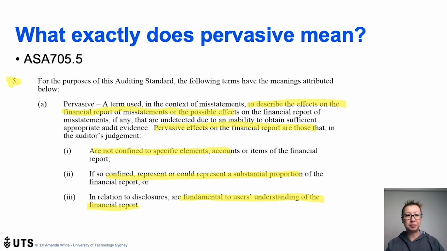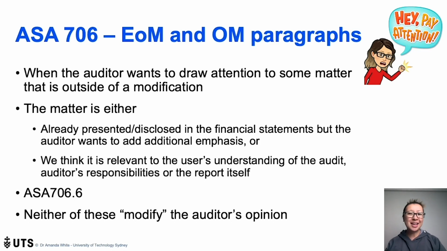Now, ASA 706 is when we have emphasis of matter and other matter paragraphs. And this is sort of like going to McDonald's and saying, okay, I've got my meal and then I'm going to add a dessert on top of that. So the emphasis of matter and the other matters are like add-ons that we can add to any audit opinion.